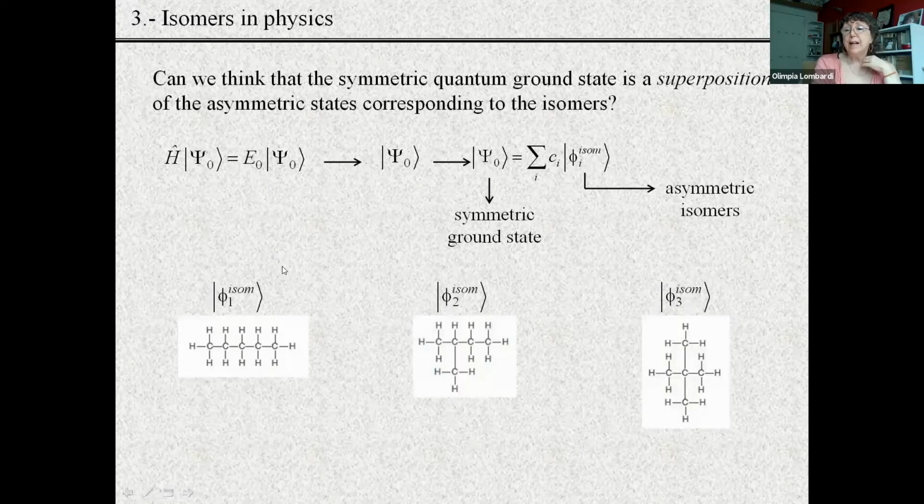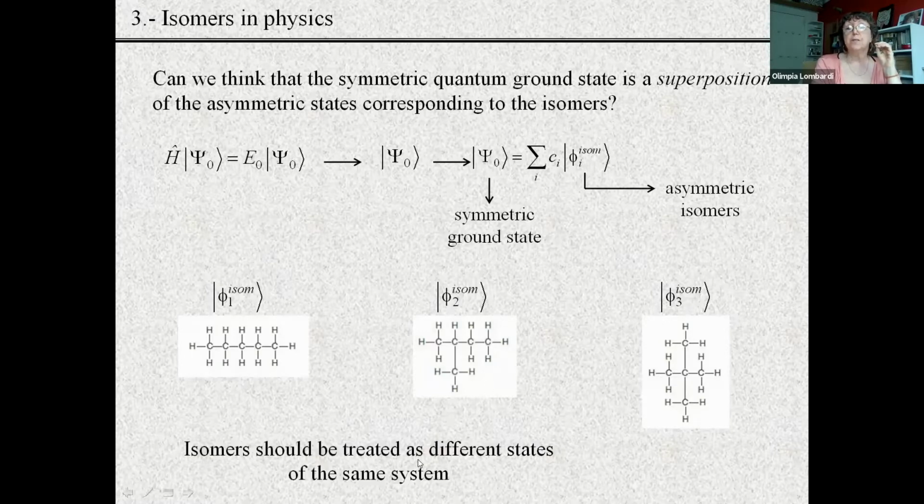So the idea here is that each isomer corresponds to a state, not to a system. Isomers should be treated as different states of the same system. This is completely different than in the case of chemistry.